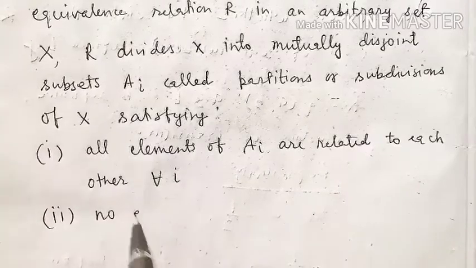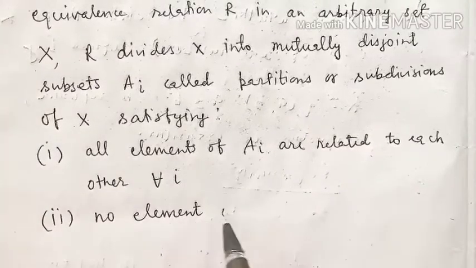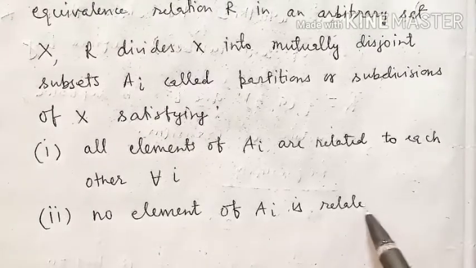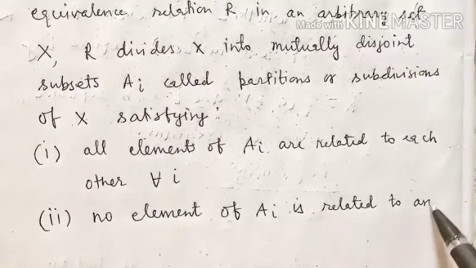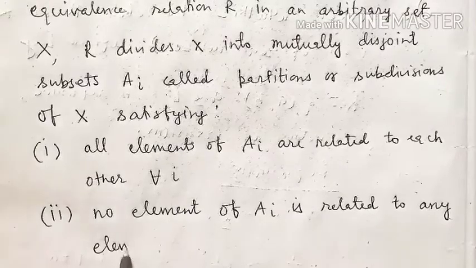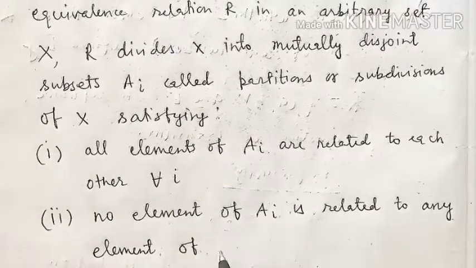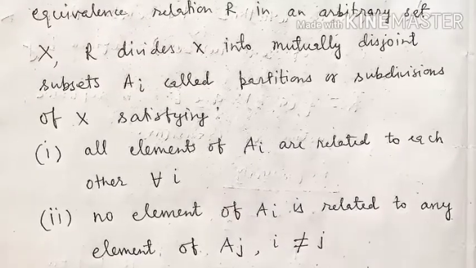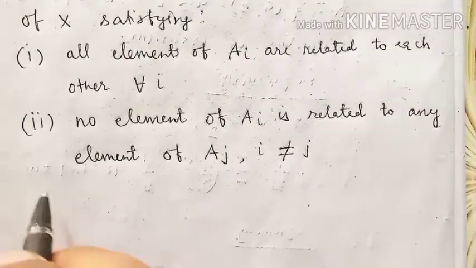Second, no element of A_i is related to any element of A_j where i is different from j.